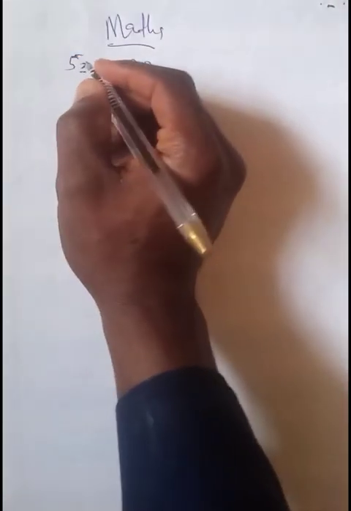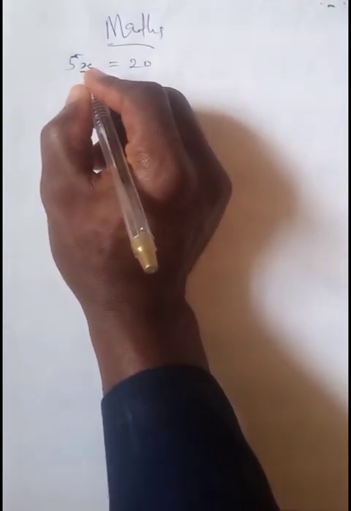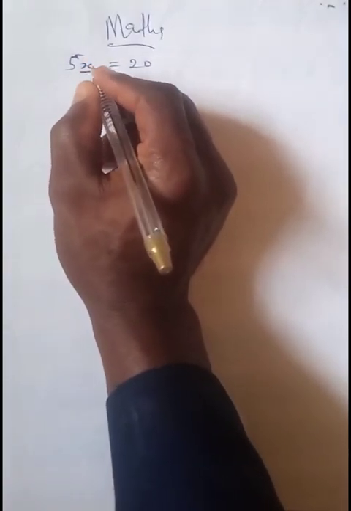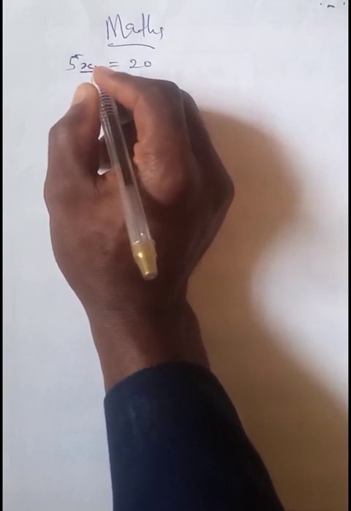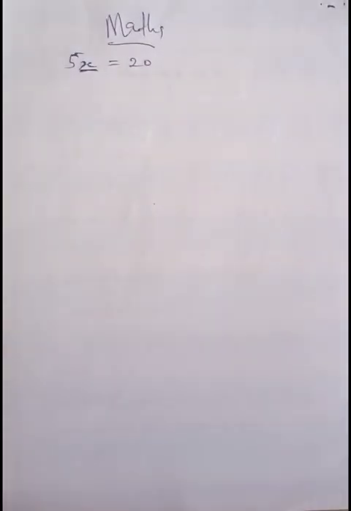And I also mentioned that linear equations are equations where the highest power of the variable is 1. Whenever you see an equation having its variable with 1 as its highest power, that shows that the equation is a linear equation. I get my point.